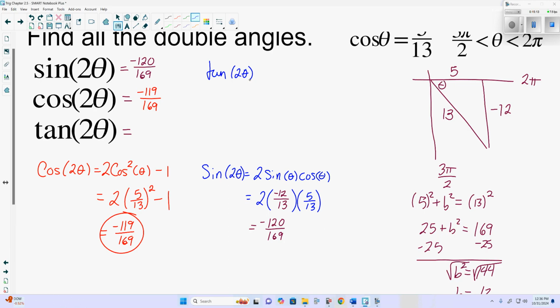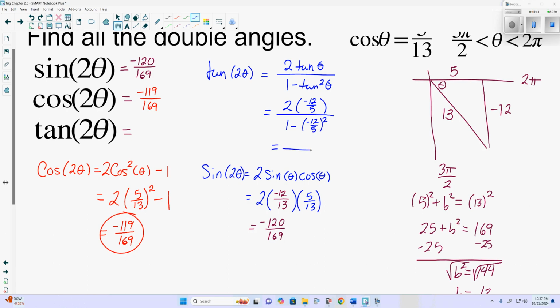Now the last one's tangent. And if we go by the theorem, it says that this is 2 tangent of theta over 1 minus tangent squared of theta. Now tangent is opposite over adjacent, so it'd be negative 12 over 5 over 1 minus negative 12 over 5 squared.